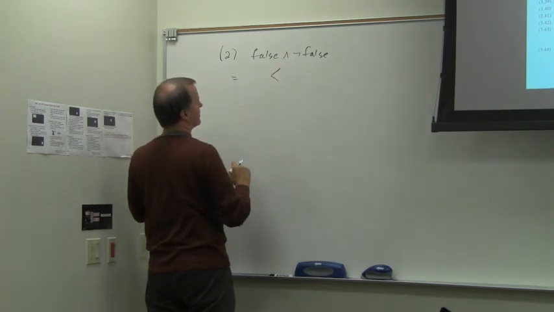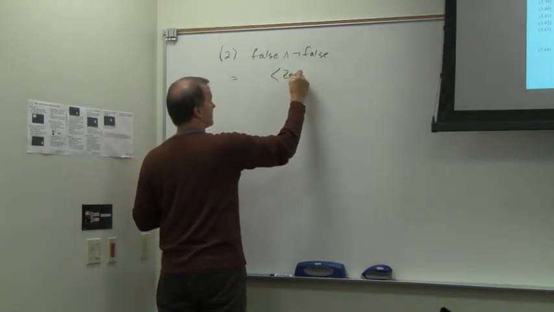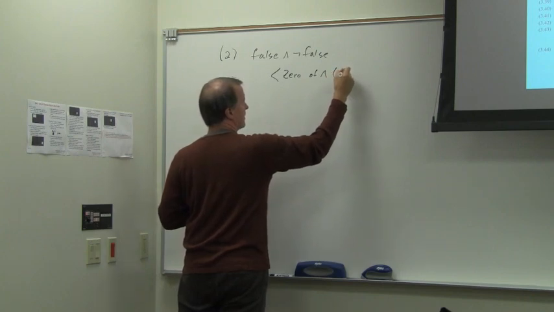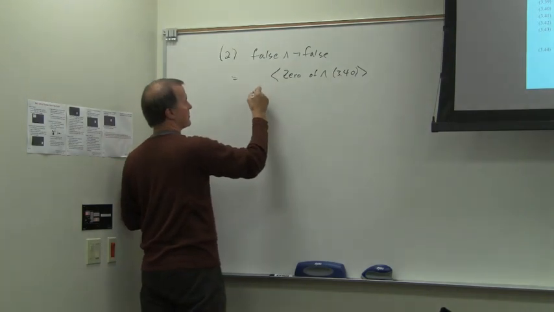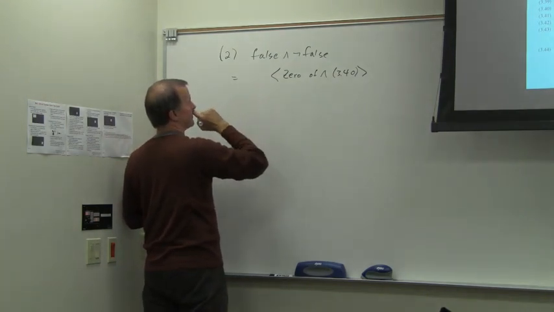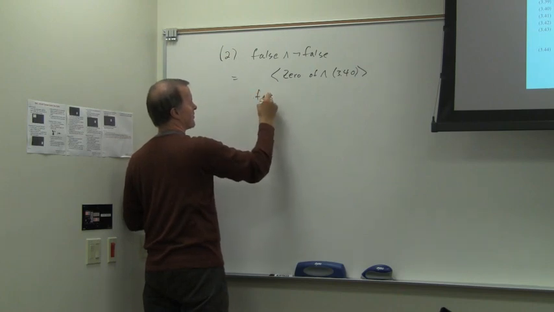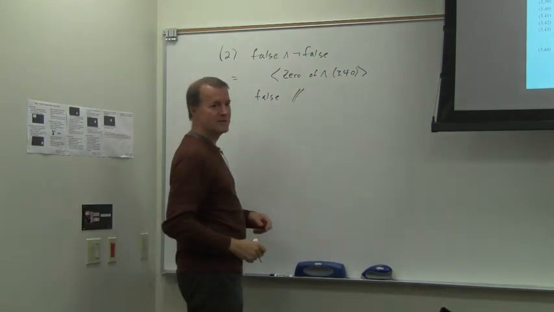No, you're right, it's the zero. So it's false, the zero of and, which is 3.40. And it's just false. Anything and false is false. Is that what we were trying to prove? Yeah. And that's it? That's the other side. One step. Cool.